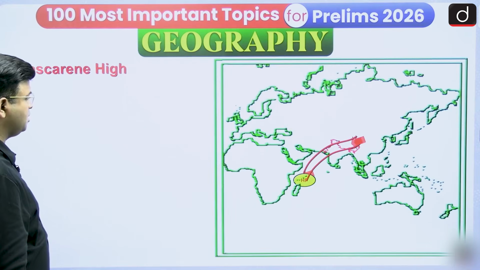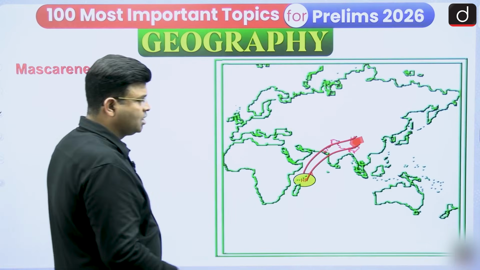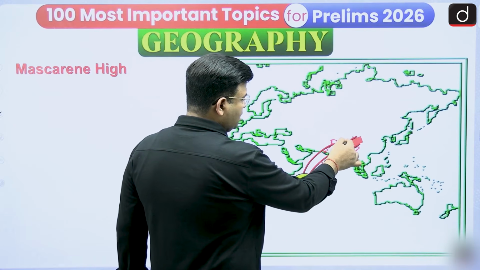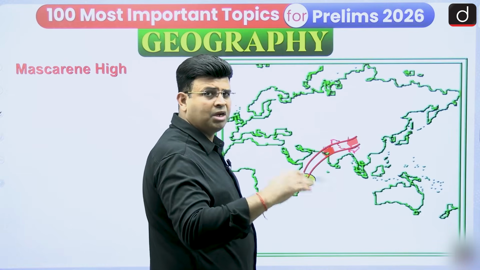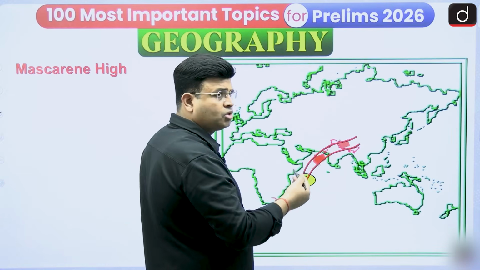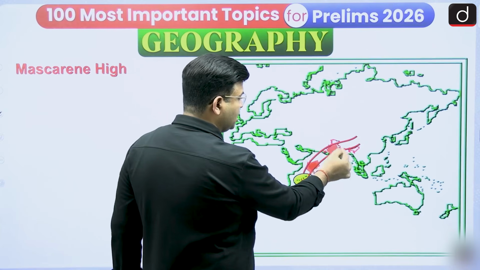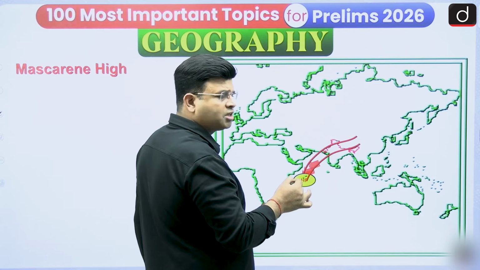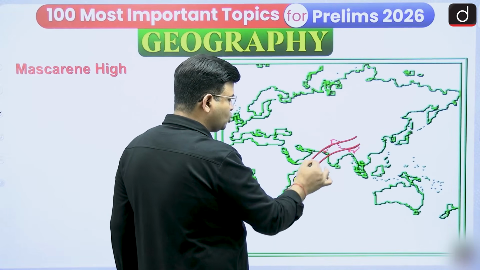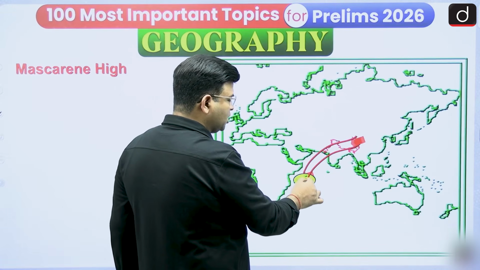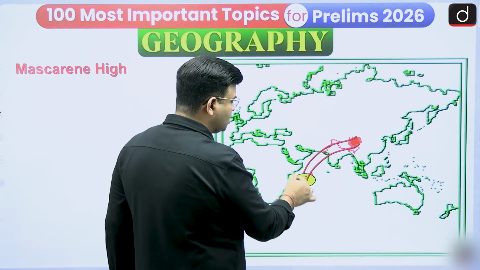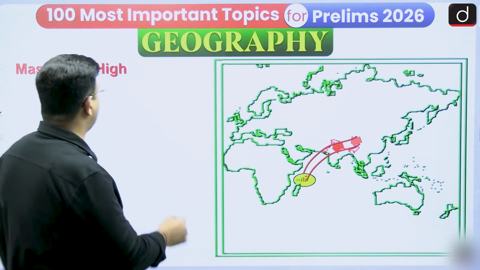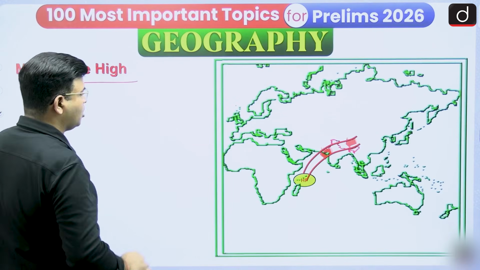And now we are going to see the Mascarene High. I have already discussed that the Tibetan Plateau heating leads to the formation of the tropical westerly jet stream in the upper atmosphere. Heating makes warm air move up, creating a high pressure in the upper atmosphere, and then a very fast moving wind, the tropical westerly jet stream, moves east to west, and coming towards the Mascarene Islands near Madagascar, it descends, creating a high pressure, while there is a low pressure elsewhere. So you can understand the role of the Mascarene High.